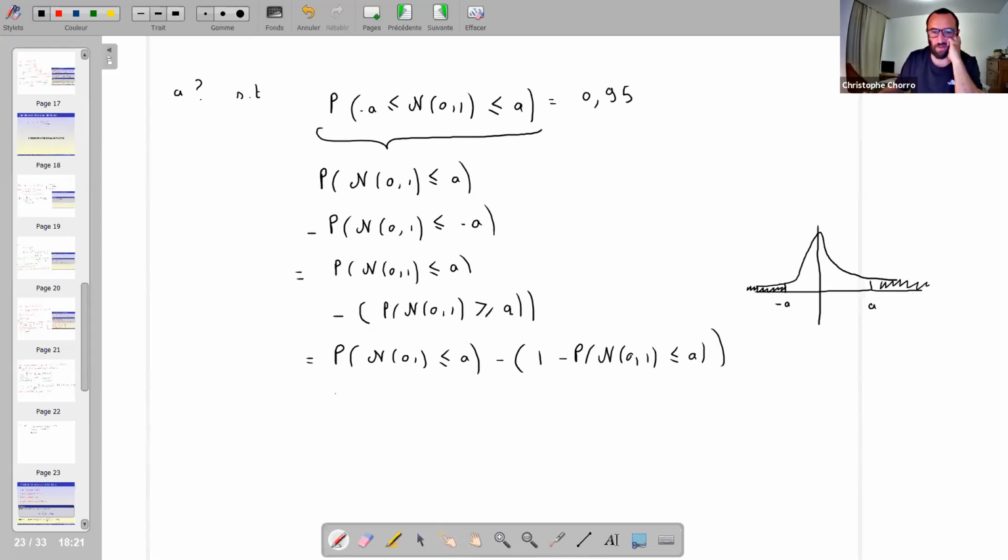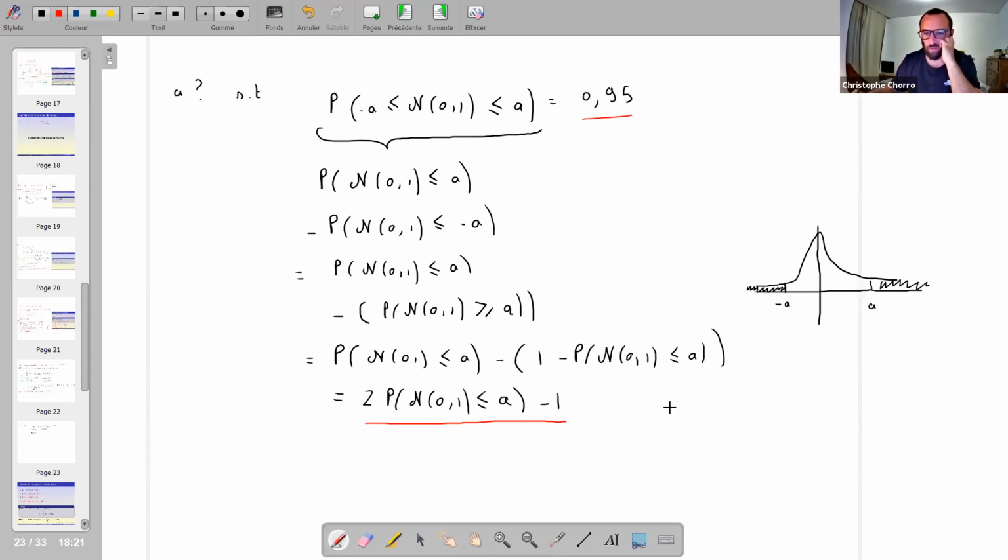And so I obtain at the end 2 times the probability that my N(0,1) is less than a minus 1. I want to solve this equal to 0.95.